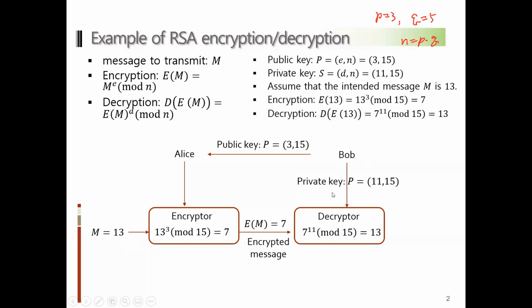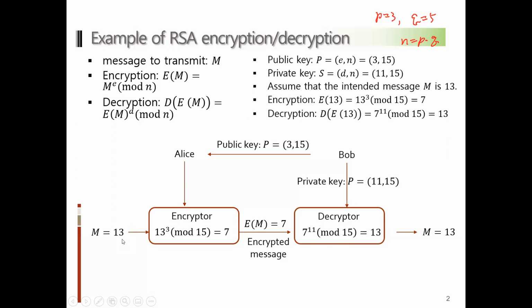The way he uses it is by calculating the power of the received message, which was 7, so he calculates 7 to the 11th, and then divides this entire value by n, which is 15, and obtains only the remainder. And eventually, as you can see here, Bob recovers the original message. This is how RSA encryption and decryption works.